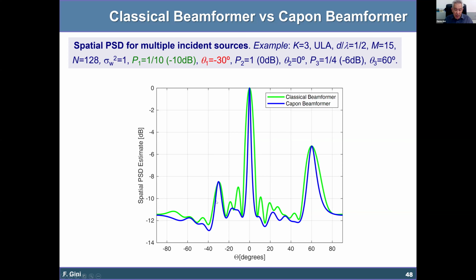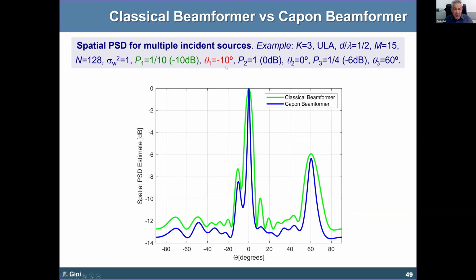If they are well spaced, you can see the small peak. But if the distance is smaller, you may be in trouble. And still, the Capon beamformer has better ability to separate the two peaks, because this valley is deeper than this other.